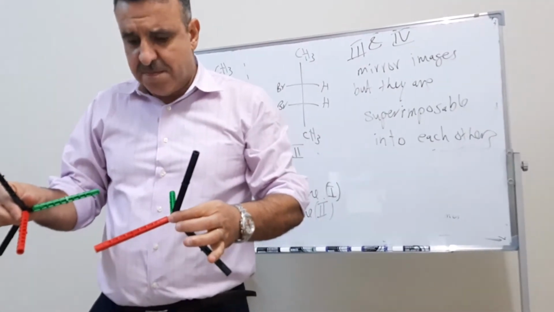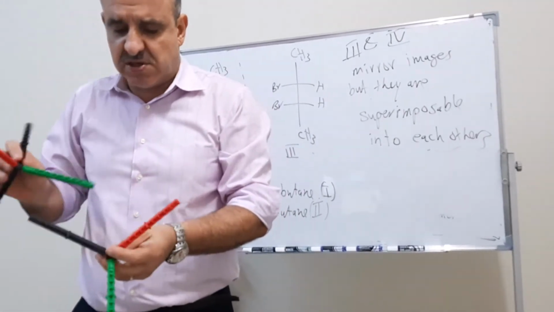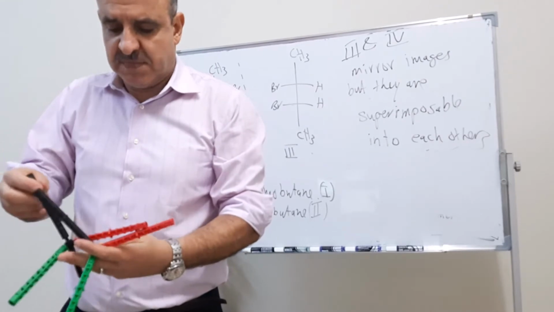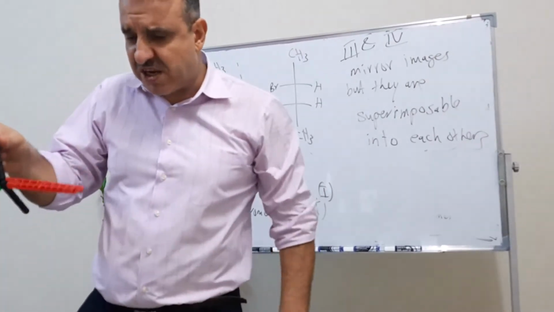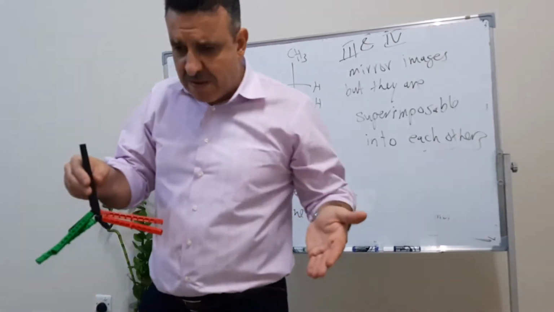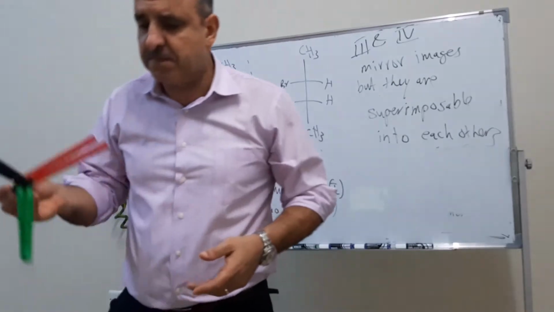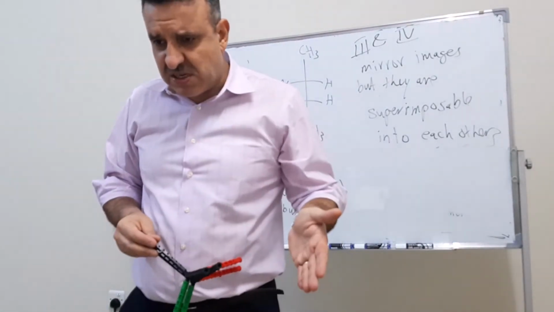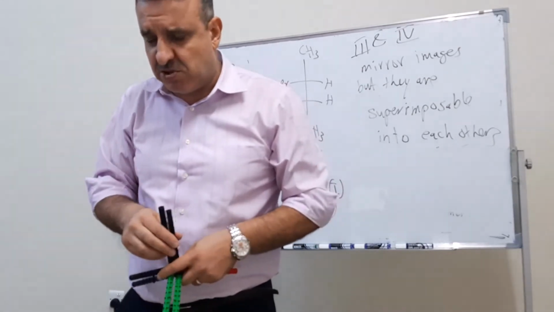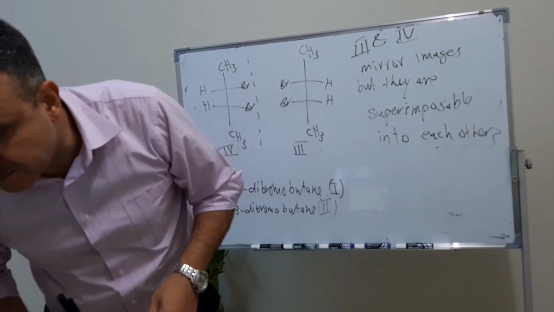Do you follow me? But they are superimposable into each other. Therefore, what's the relationship of any two mirror images that are superimposable into each other? What do we call them?